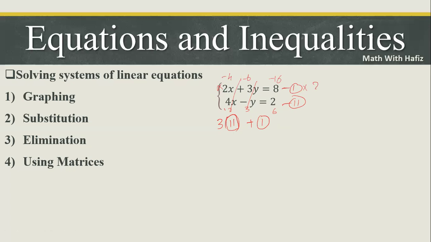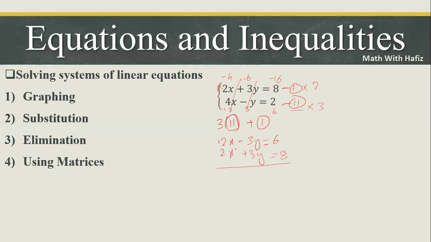So how you will do it: 3 multiplied by 4 is 12x minus 3y is equal to 6. This is equation number 2 multiplied by 3. Then you have equation number 1 as it is, which was 2x plus 3y is equal to 8.